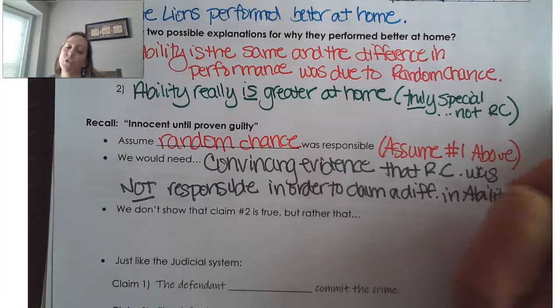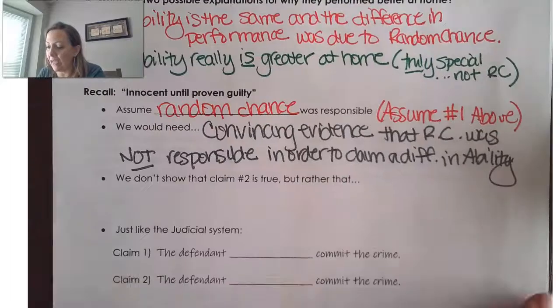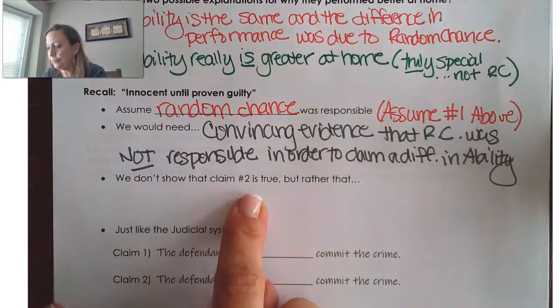Okay, so we assume that there's innocence, but what we try to do is convince our jury that we really can't say that there's innocence. We have to let that go. And so we never really show that claim number two is true.